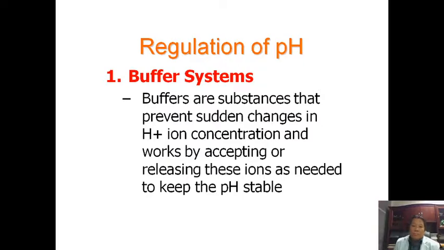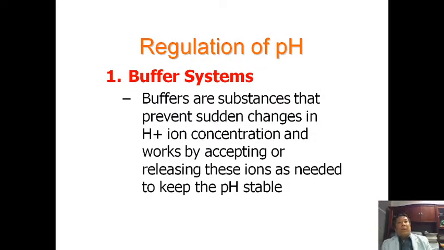Removing hydrogen from the concentration, or dissociating hydrochloride into hydrogen and chloride, can reduce the acidity of our blood.